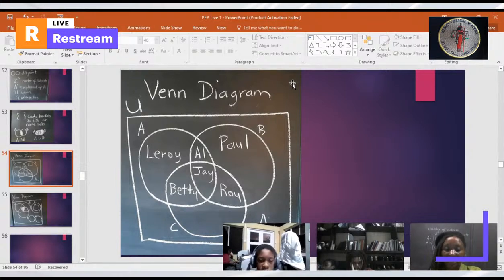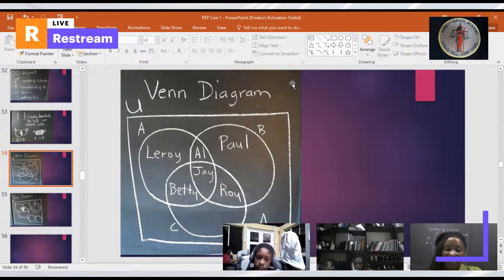J and Roy would be where C and B intersect.